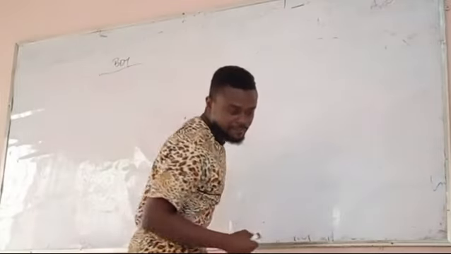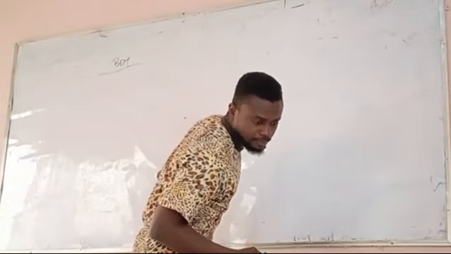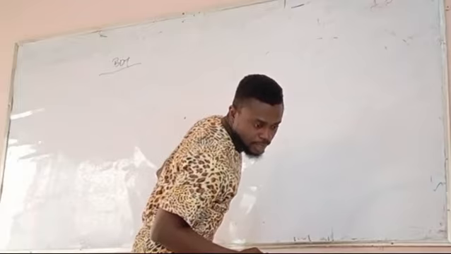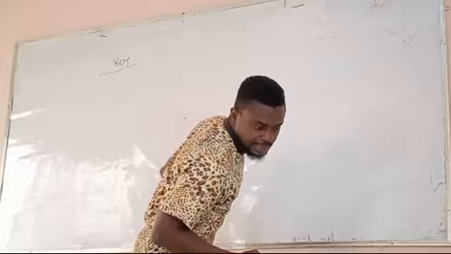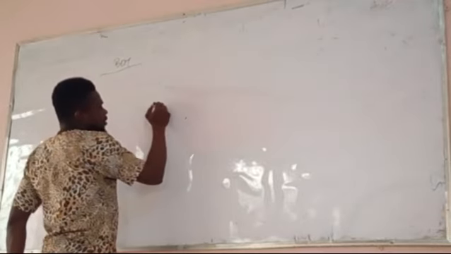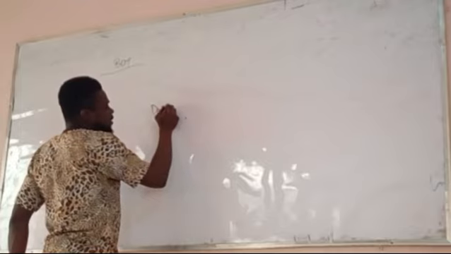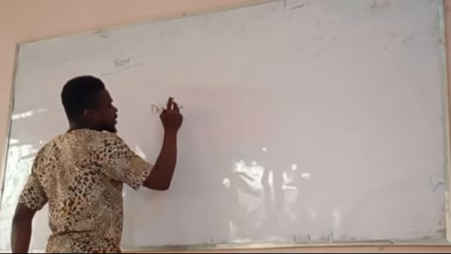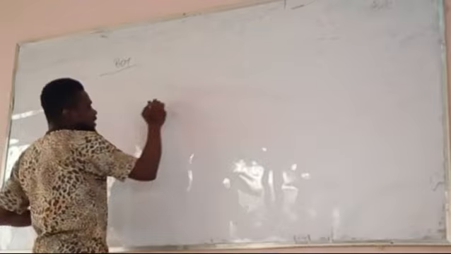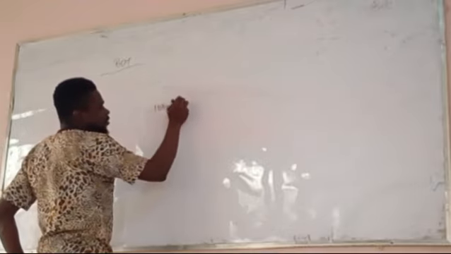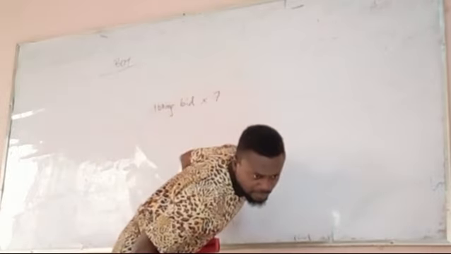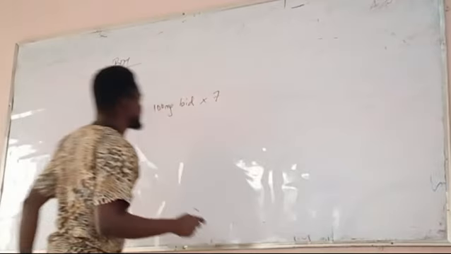The prescription by the physician says doxycycline, 100 mg BID times 7 days. BID times what? 7 days.